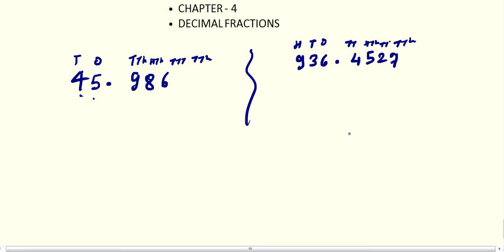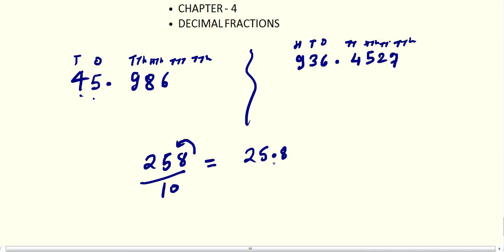Next is how to convert a given fraction into a decimal. Suppose you have 258 divided by 10. In the denominator you have 1 0, that means from the last you have to start. 1 0 means you have to take one jump. So 258 will be like 25.8.